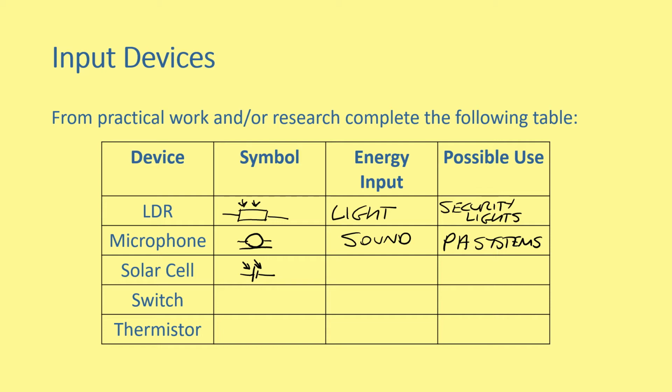Light energy is our input, and solar cells are used for providing electrical energy to houses. So we use it for the production of energy.